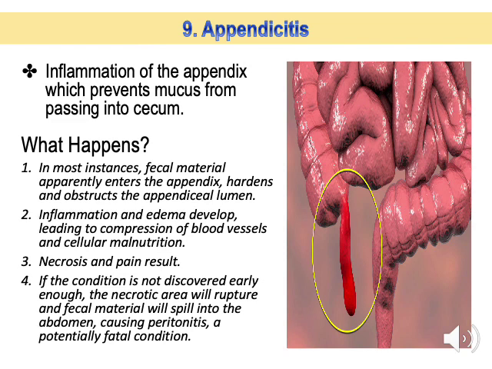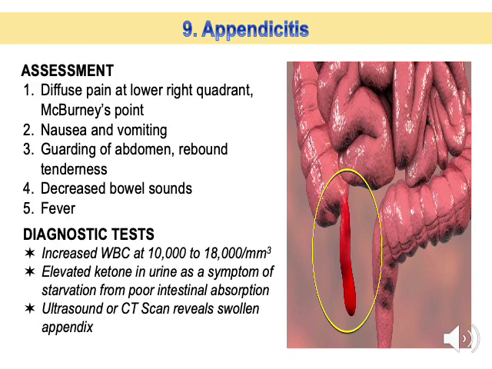That's why in appendicitis, we do not wait for it to rupture. The following are the assessment findings in appendicitis. Among all these findings, the localized pain distinguishes appendicitis from that of acute gastroenteritis.